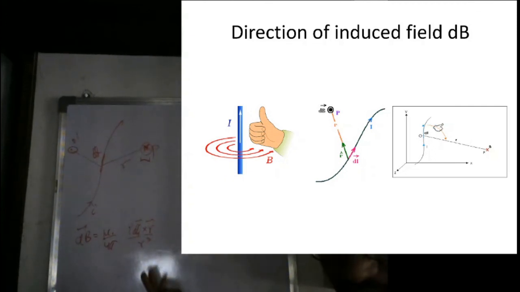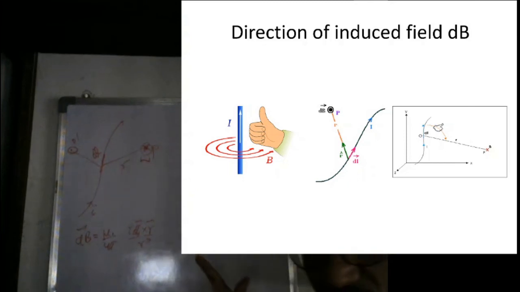In this way also, you can find the direction of the induced magnetic field. Why? Because B is a vector, you must be in a position to tell the direction of that magnetic induction vector. So in these two ways you can find the direction of the induced magnetic field. People will also find the direction by placing the first three fingers perpendicular to each other, aligning one vector along one finger, and another vector along another finger.